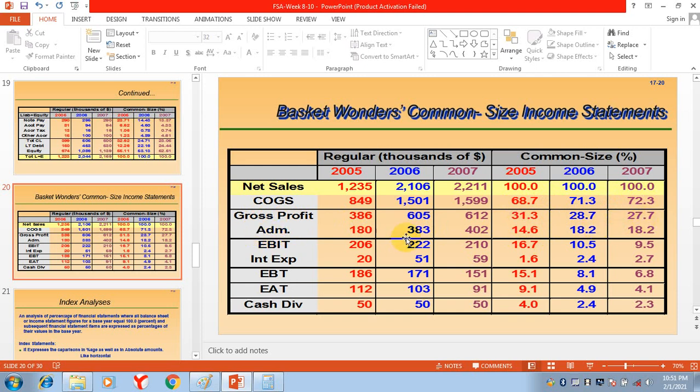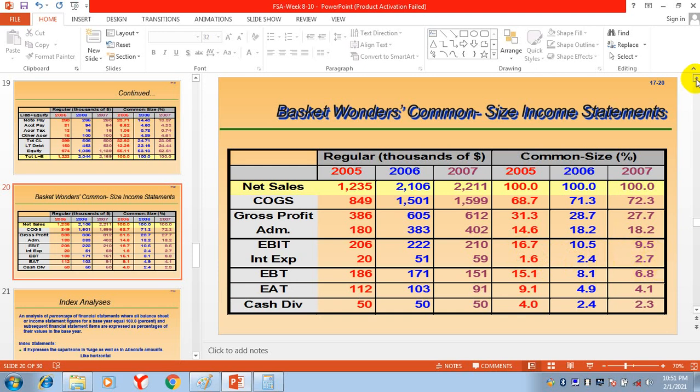Selling, general and admin expenses. Again there is an increase in this, in selling expenses, general expenses and admin expenses. EBIT, earning before interest and taxes, from 16 comes down to 10, comes down to 9.5, which is a negative sign, not a good sign. Interest expenses: when you took more loan, your interest will also increase.